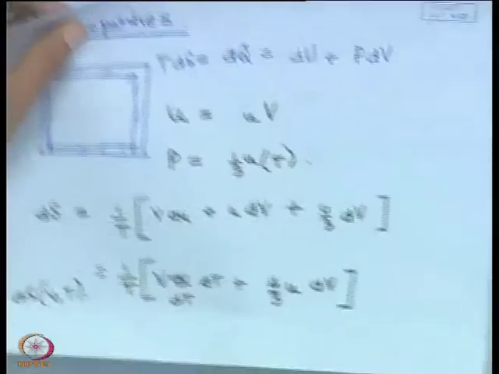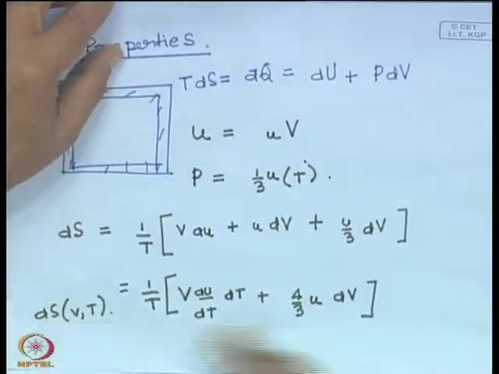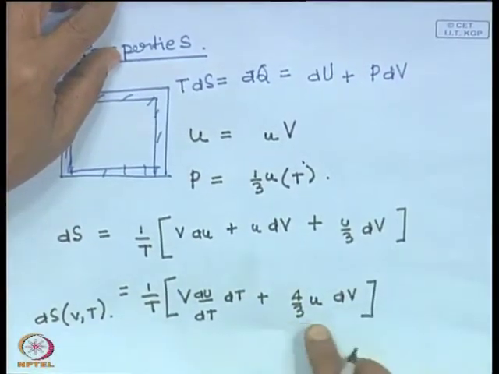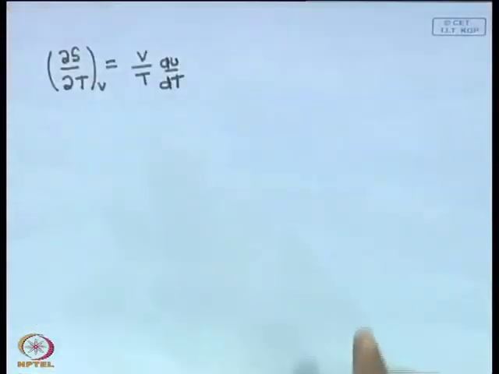Similarly, the derivative of the entropy with respect to volume at a fixed temperature is 4/3 u.